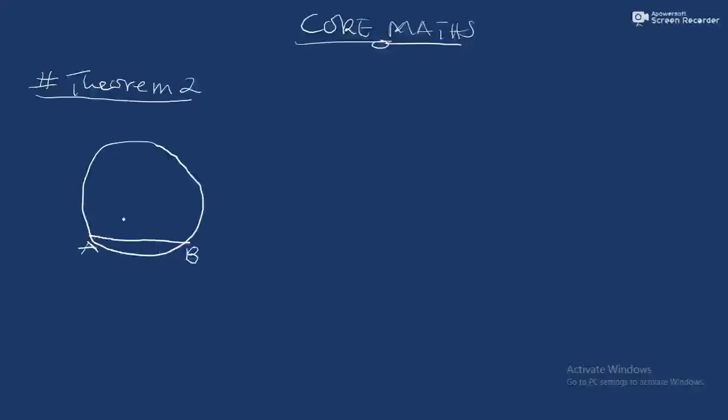The theorem is saying that if you have a chord inside a circle and then you have a center here, the angle that the chord forms at the center, which is this angle, and the angle that the same chord forms at the circumference of the circle, they are related in this way.